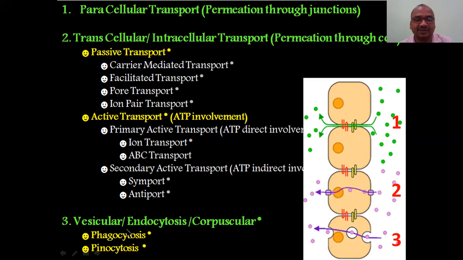Third one is vesicular transport. This is also called endocytosis, also called corpuscular. Why is it called vesicular? An empty vesicle, a vacuum, forms within the cell when the drug comes here. The drug particle enters into the vacuum, so this is called a vesicle. That's why it is called vesicular transport, or corpuscular transport.